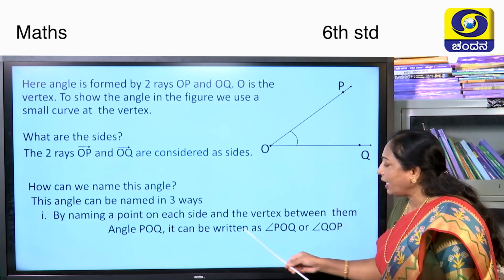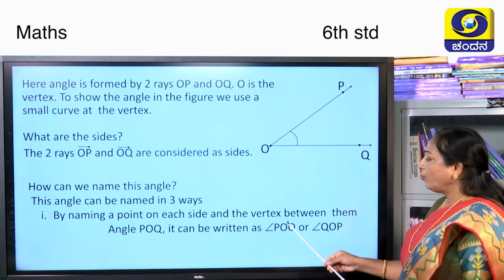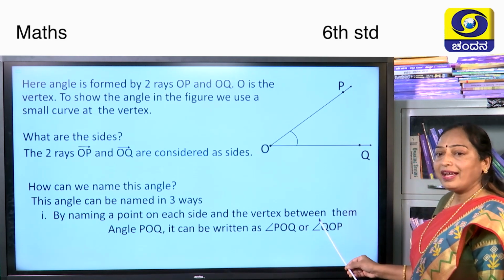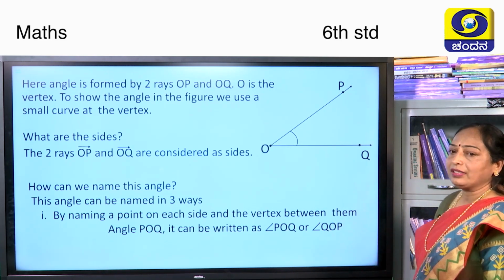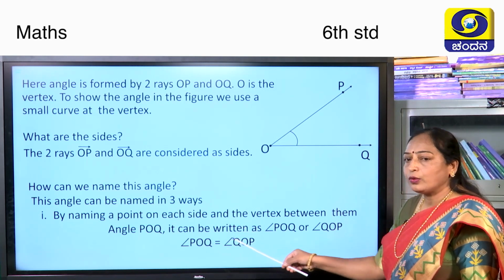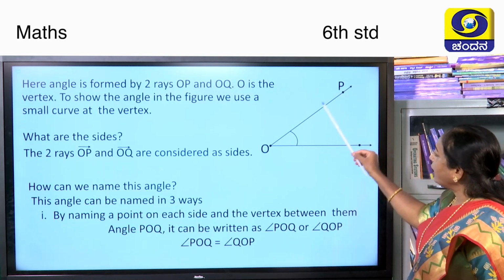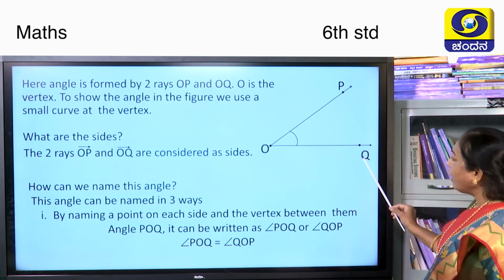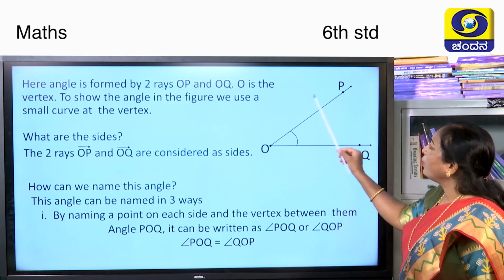It can be written as angle POQ or angle QOP. Look here children, angle POQ is the same as angle QOP.